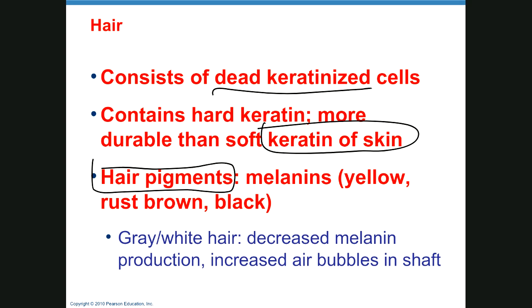We also find melanocytes in hair, and the melanin produced by these melanocytes varies greatly in color, more so than the melanin produced by skin melanocytes. Gray hair comes from a decrease in melanin production. Also, over time, air bubbles accumulate in the hair shaft, and that also gives it the white appearance.